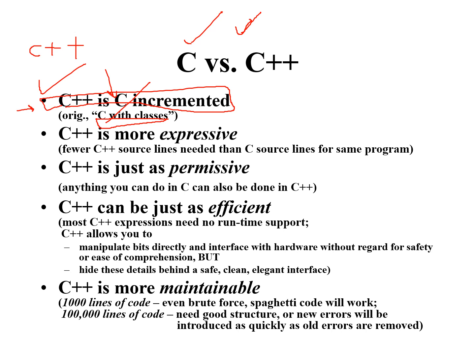Okay, now the second point is that C++ is more expressive. We need fewer C++ source lines than C source lines in the same program. Like, it is more expressive.